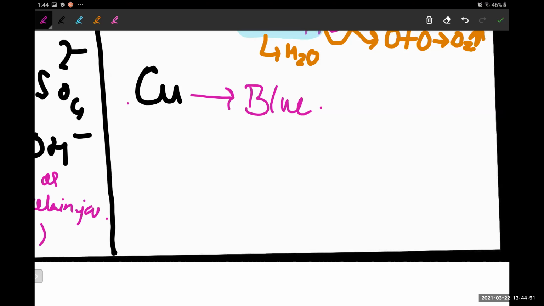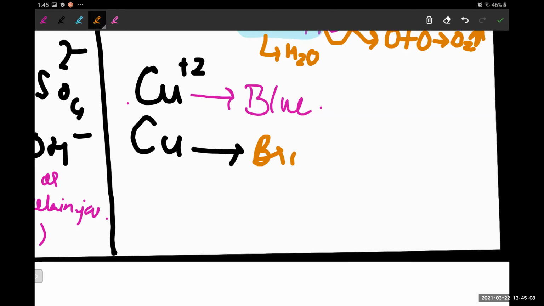So first of all it was blue. But what happened due to electrolysis? It was first Cu2+, right? So it was blue. Now it is only Cu. So what color will it have? Reddish brown. In some books it's written red, in some books pink.